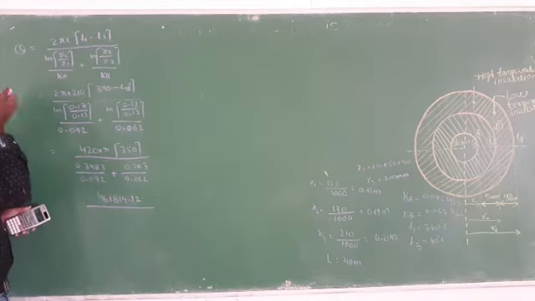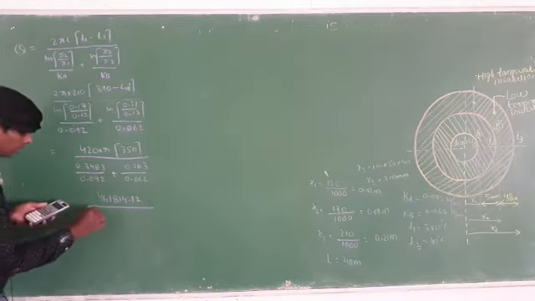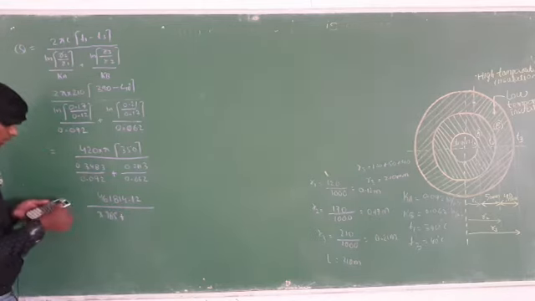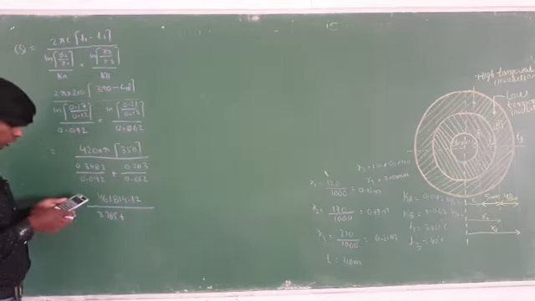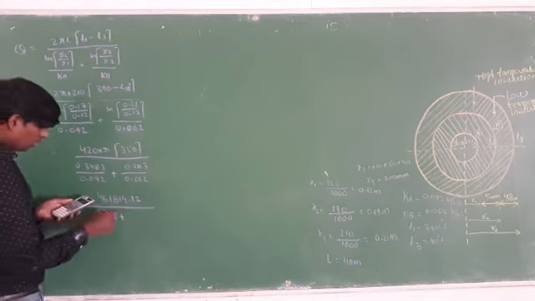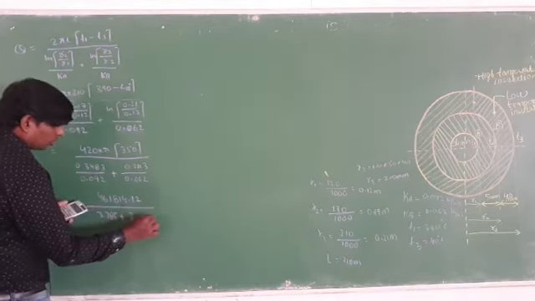What is the fraction here? 0.3483 divided by 0.092. So here you got the value 3.785, plus then this next value will be 0.2113 divided by 0.062. So here you got the value 3.4080.